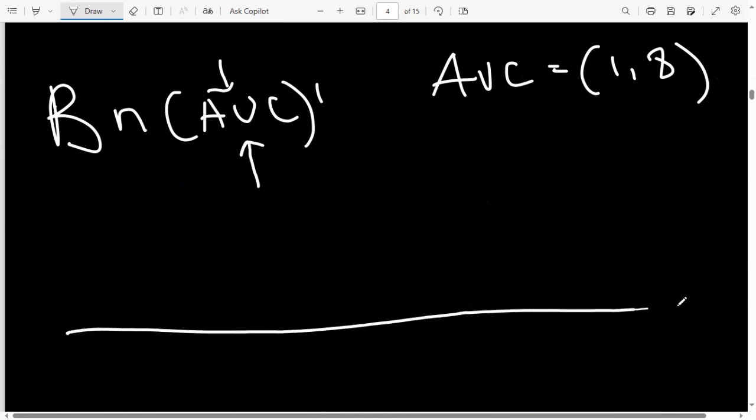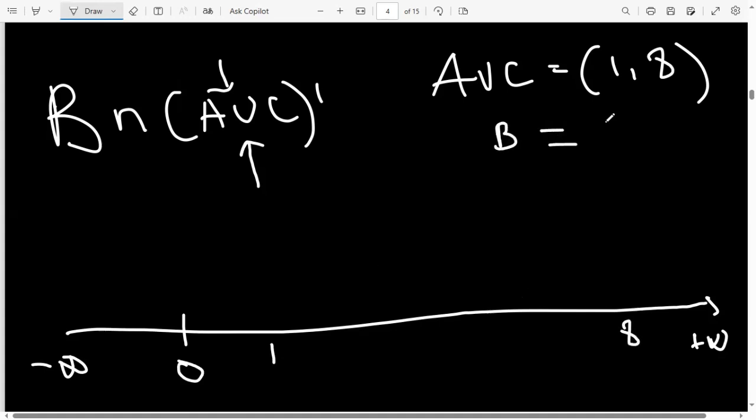Our number line as usual, positive infinity there, then minus infinity here. Put your 0 somewhere, then we have 1, and 8 there. What is our set B? Our set B is simply 2 to 7, so there's a 2 somewhere and then a 7. The 2 is included, and the 7 is included.